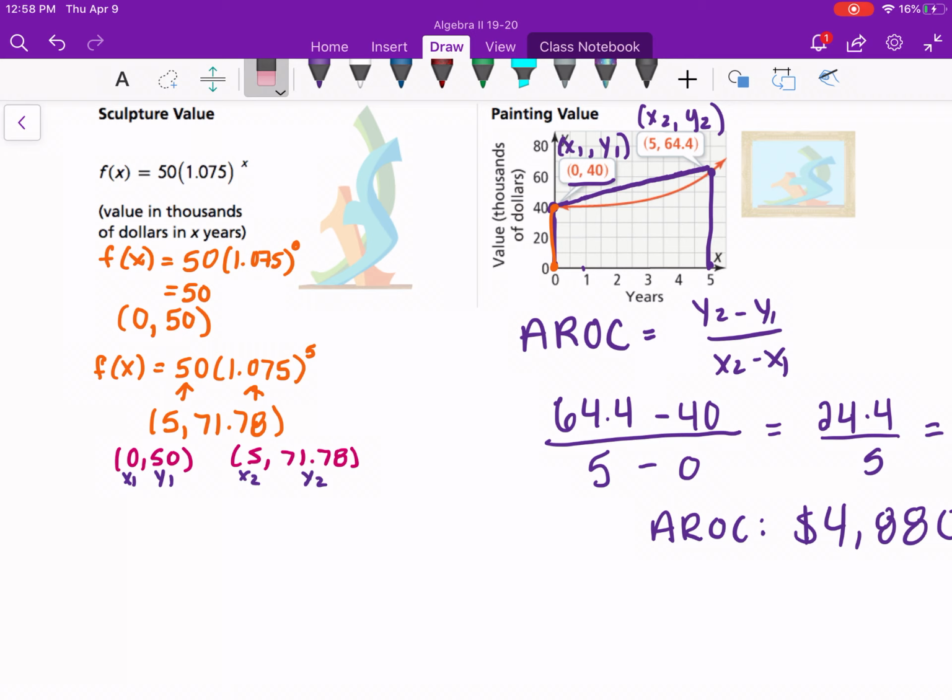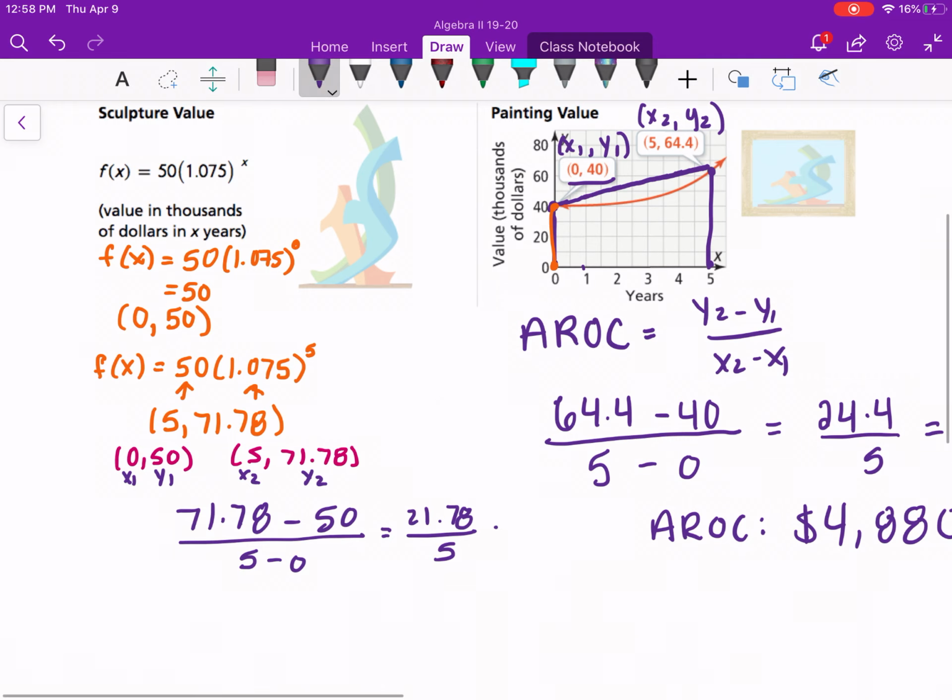So now I get to do 71.78 minus 50 over 5 minus 0. That gives me 31.78 over 5. Not 30, 21. Been a long day.